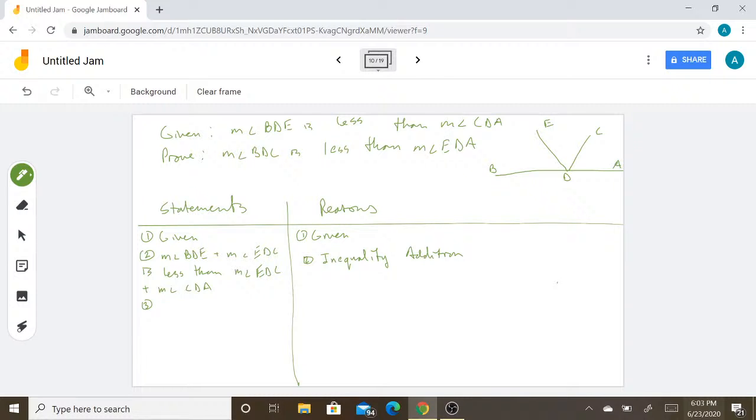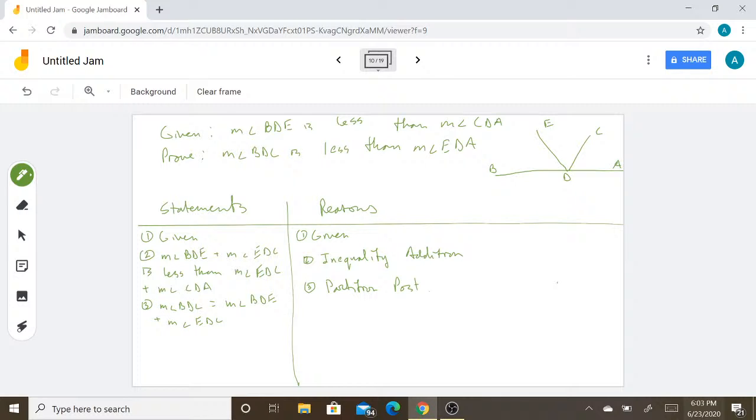Next, we can say that the measure of angle BDC is equal to the measure of angle BDE plus the measure of angle EDC. This is because of the partition postulate, which basically says that a whole is equal to the sum of its parts.